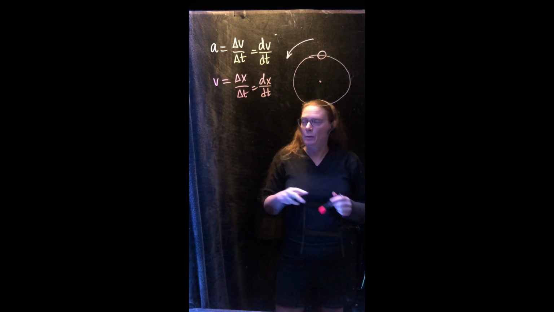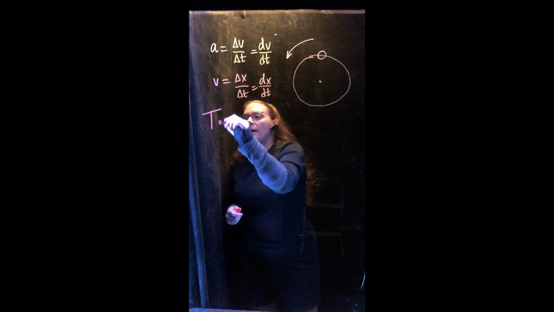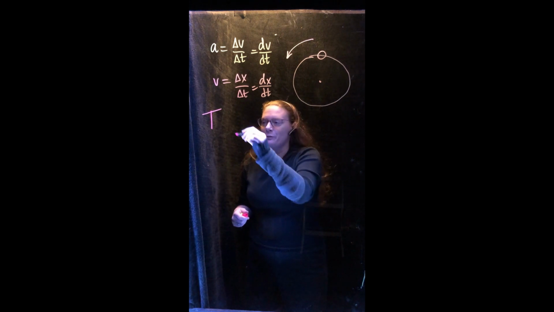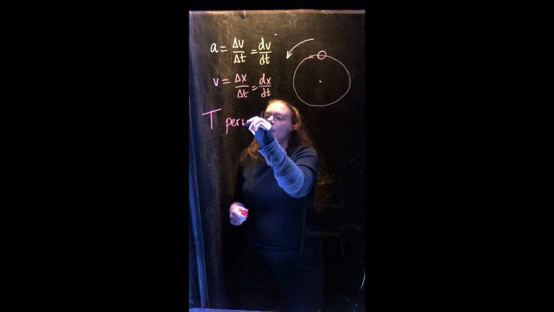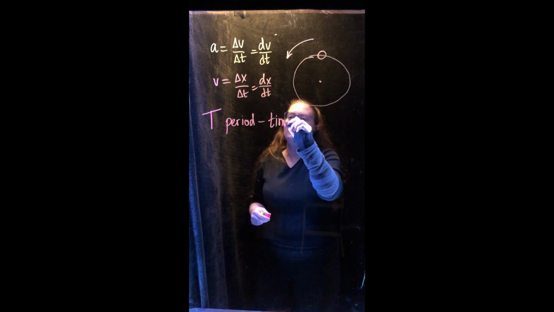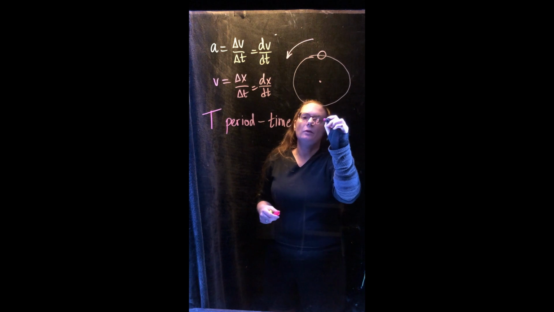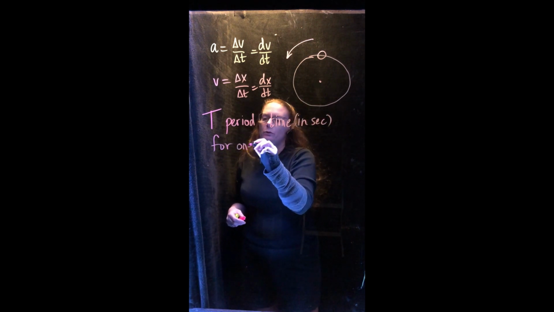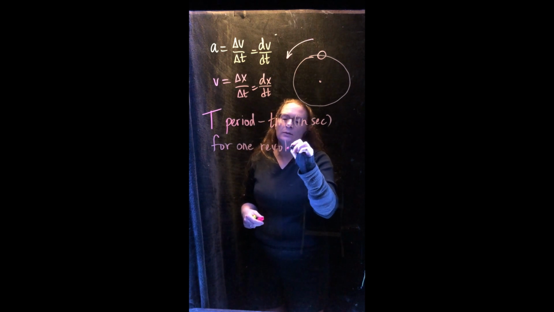That time has a special name, and unfortunately, it's reusing a label from something else. We define the period as the time in seconds, so its unit is seconds, for one revolution, to go once around a circle.